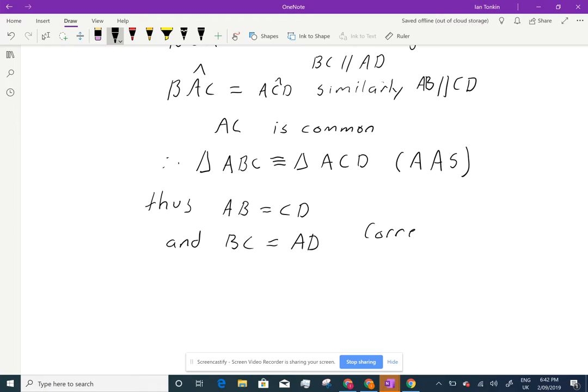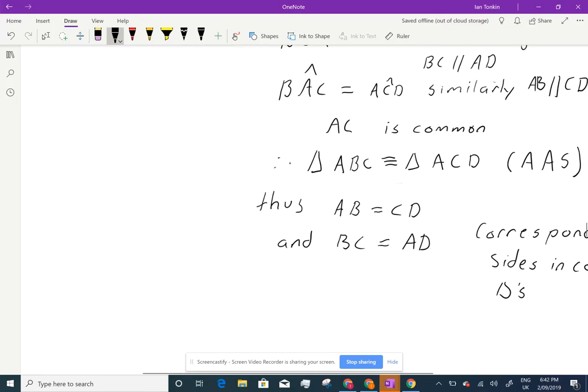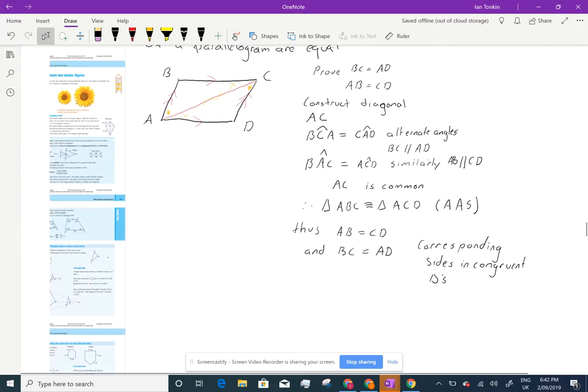Corresponding sides in congruent triangles. Okay, there we go.